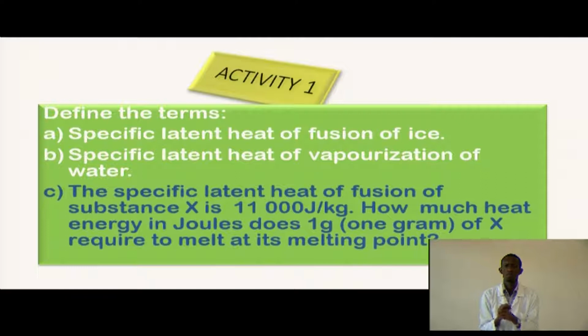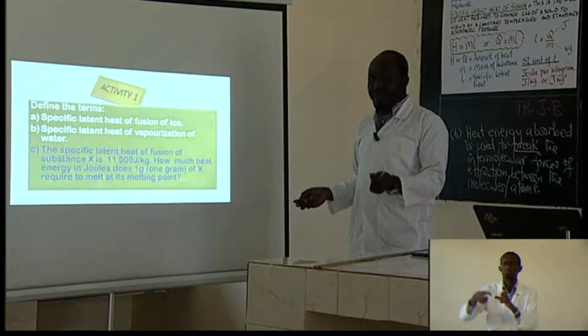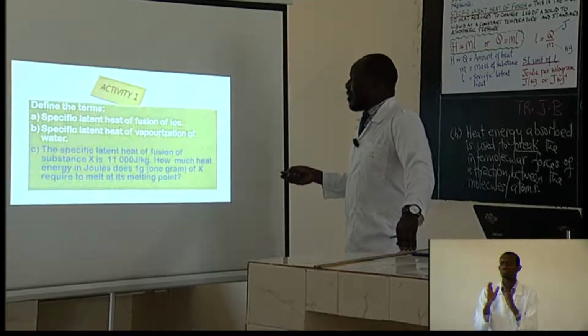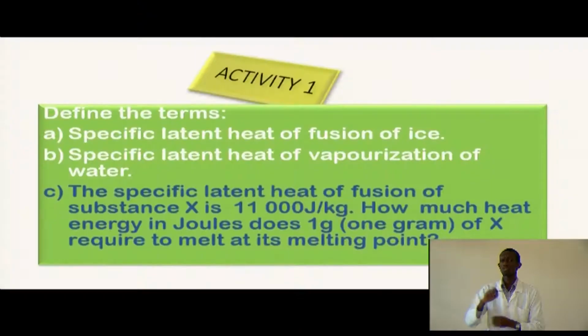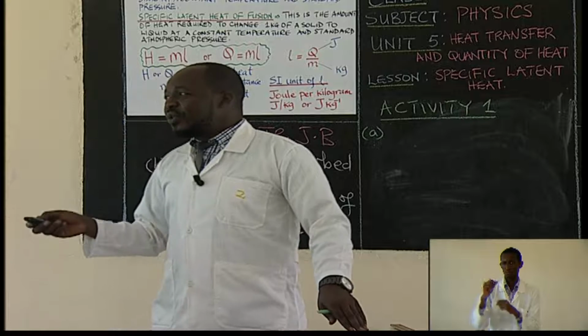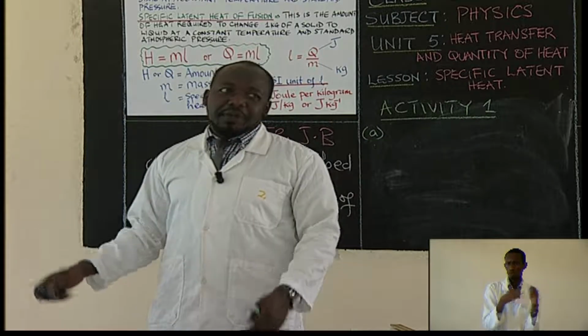So specific latent heat is the amount of heat required by 1 kilogram of a substance, in this case ice, to change its state from solid to liquid at a constant temperature. I'm going to repeat. Specific latent heat of fusion of ice is the amount of heat required to change the state of 1 kilogram of ice from solid to liquid at constant temperature.